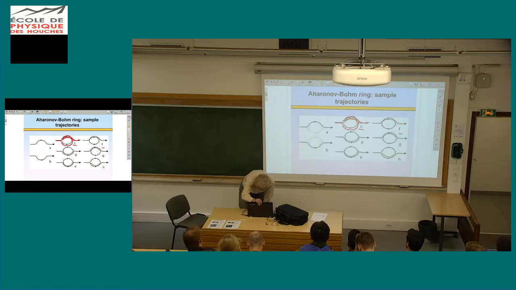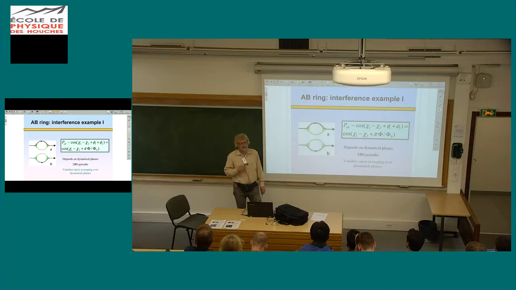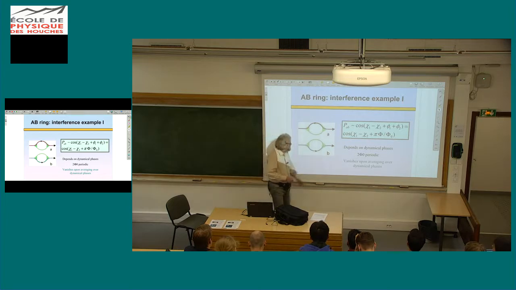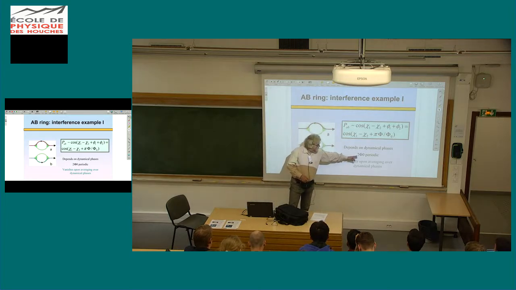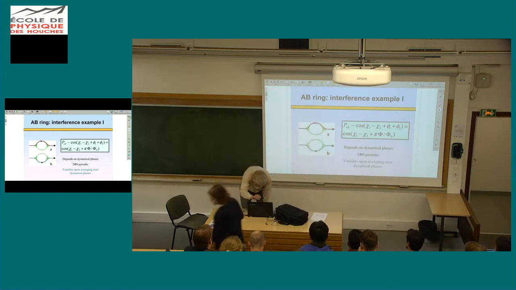We looked at the trajectories and understood that for some pairs, the dynamical phase enters the expression. So the effect depends on the dynamical phase, and that would give rise to oscillations which are periodic with a period of 2 flux quanta.